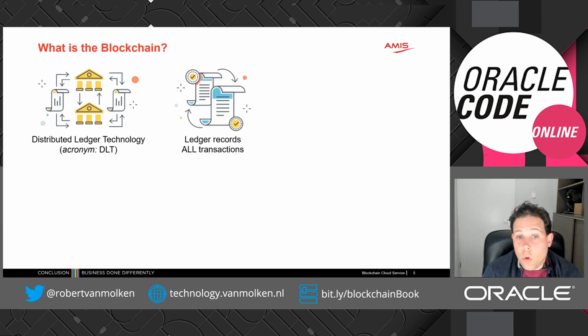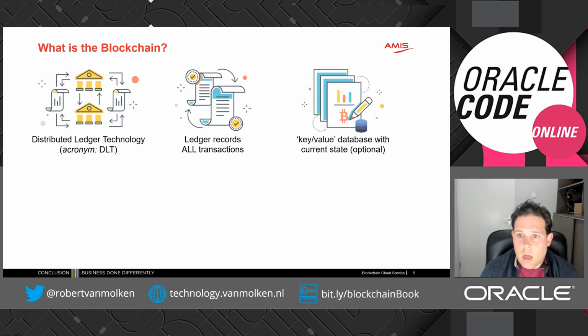The ledger records all transactions that are submitted to the blockchain that are successful. It holds the raw data, the whole data of the transaction, and also some information about the nodes or the participants that submitted the transaction. The more evolved enterprise blockchains also keep a separate key value database with the current state of an asset, so the latest values.